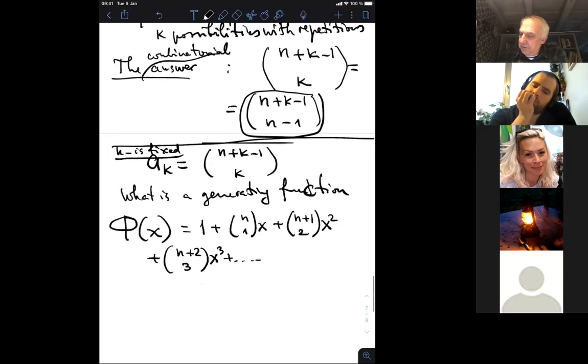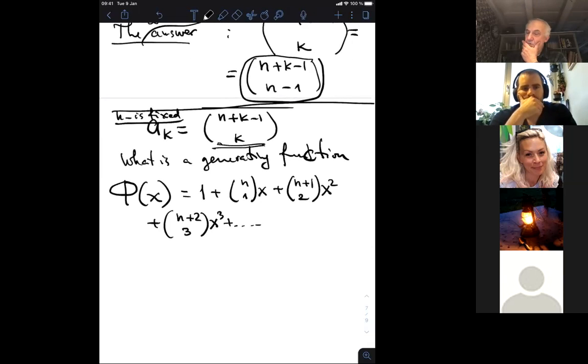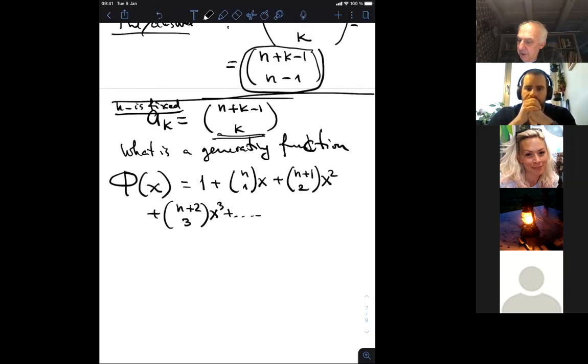Okay, so we want to find a nice closed form for this function phi, which is the generating series for this sequence of numbers, whose combinatorial meaning is the number of choices with repetitions. And my claim is, so I'm giving you the answer, but now we want to prove this answer.